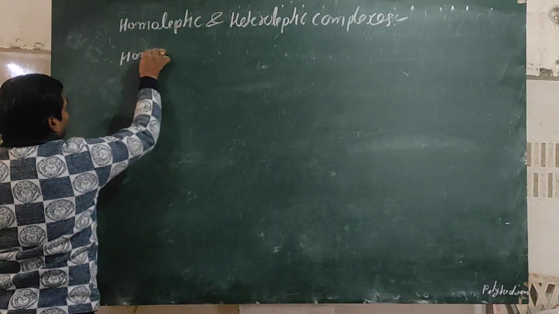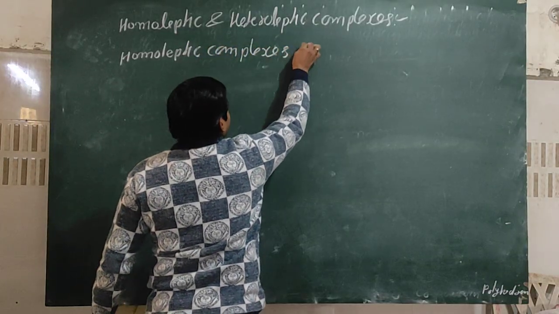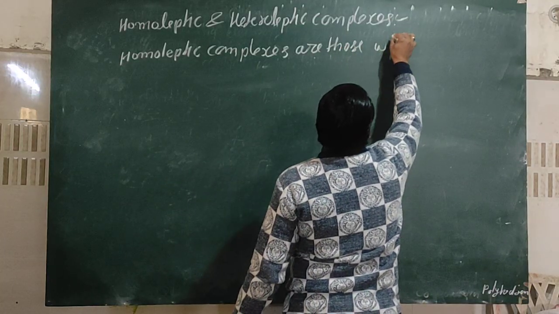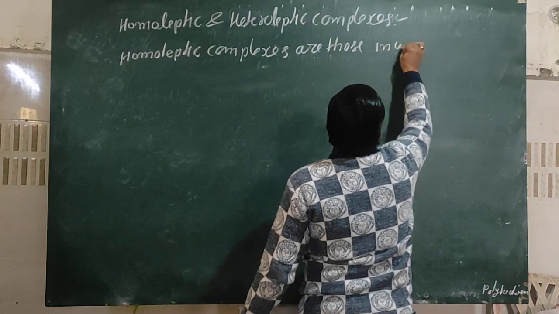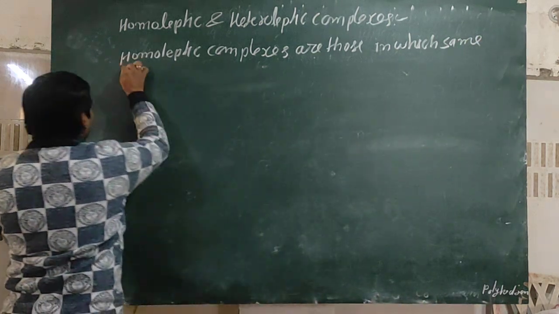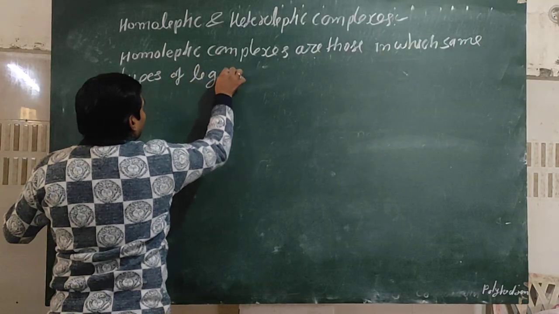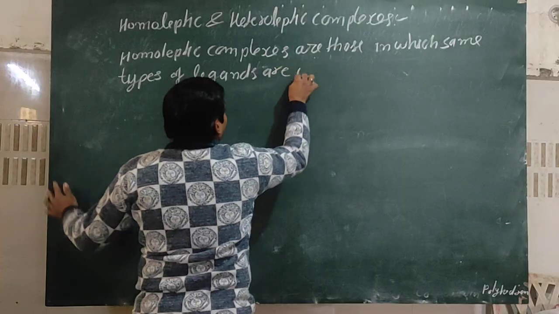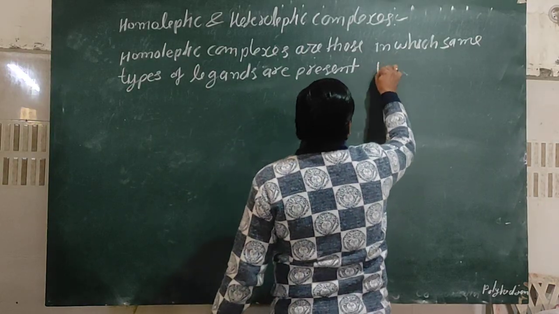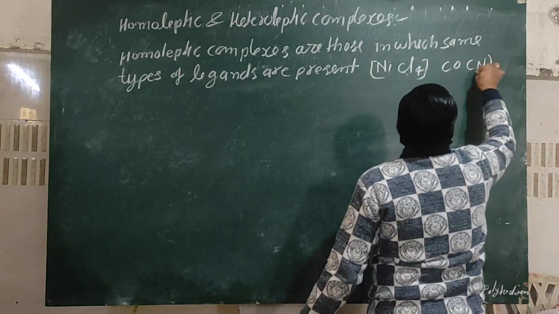Homoleptic complexes are those in which the same types of ligands are present, for example NiCl4 and Co(CN)6.